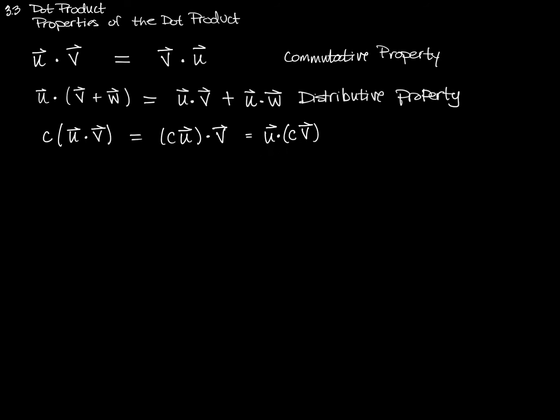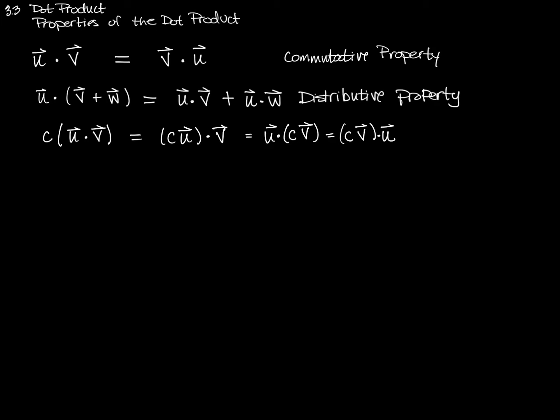I could also write this last one as c times v, sorry, let me rewrite that. c times v, scale v by c, and then dot that with u, because the dot product of two vectors is commutative. I can either scale v and then dot u with that new vector, or I can scale v and dot that new vector with u. c times v and c times v are both going to produce the same vector.